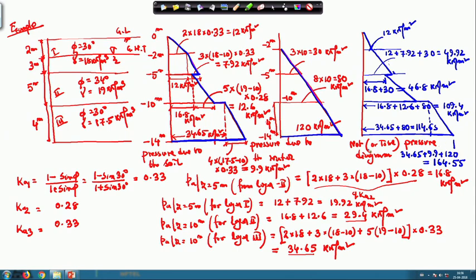So, the total value is 164.55 kilonewton per meter square. Remember that this 109.4 is up to this, and 114.65 is up to this. So, this is the total earth pressure distribution diagram for the soil, for the water, and this is the net or the total earth pressure distribution diagram.